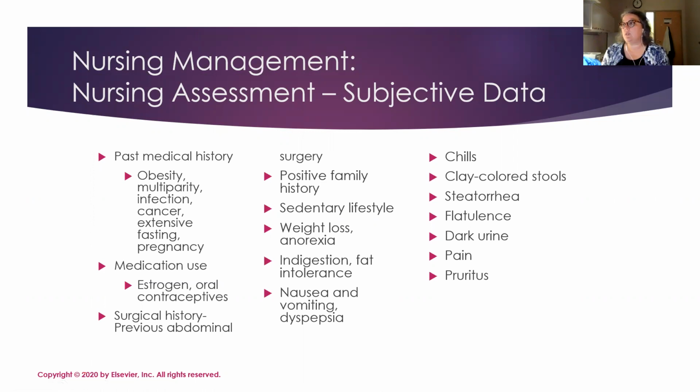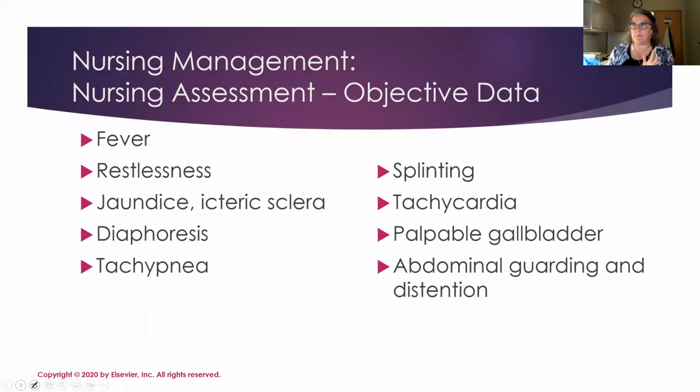So estrogen use, we're going to be looking for nausea, vomiting, dyspepsia, that burpy, gassy, not quite nausea, not quite vomiting, GI discomfort, dyspepsia, pills, clay-colored stools, steatorrhea, flatulence, dark urine, pain. We're going to look for all of this stuff from an interview standpoint.